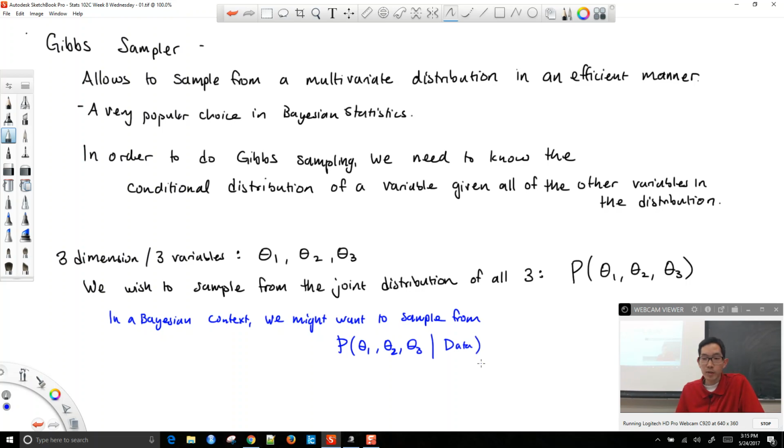Okay. All right. So this is what we want, and perhaps this is what we would call the complete joint distribution, or the complete joint posterior distribution, if it's in the Bayesian context. This might be complex. Okay. The form of this distribution might be complex.